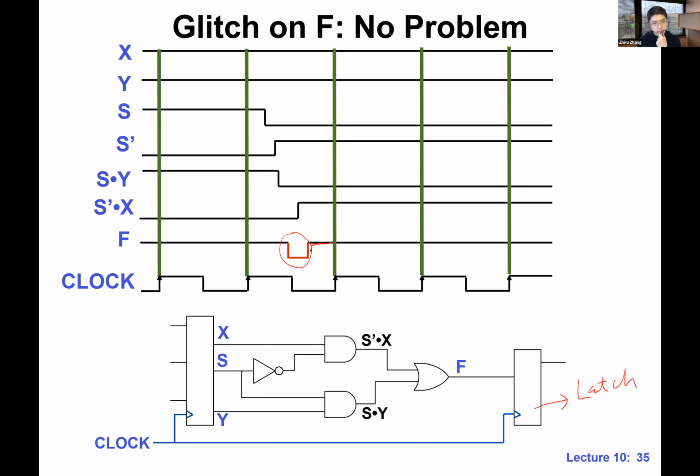Yeah, it's level sensitive, Jacob. That's why the glitch will be captured by the latch for a certain period of time. But my follow-up question is, it's going to come back up to 1. Hopefully eventually this latch will capture the correct value. But why should we still be concerned?